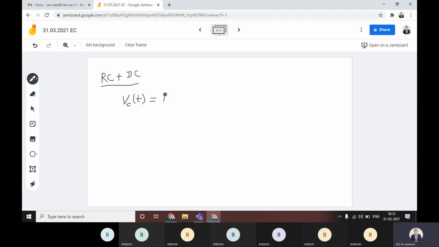First, final value plus initial value minus final value into e power minus t by tau. In this case tau is R equivalent into C equivalent.